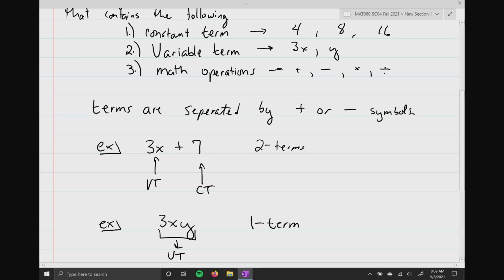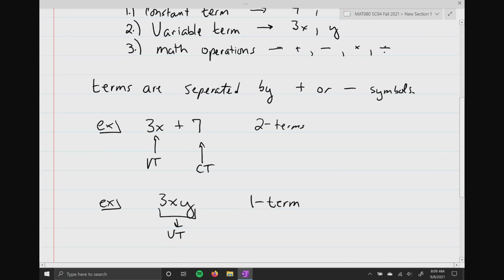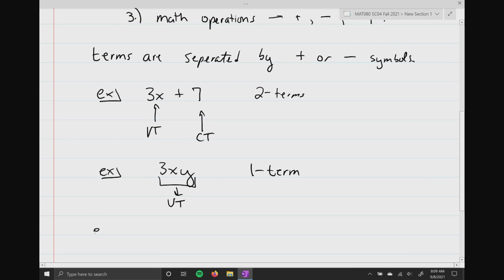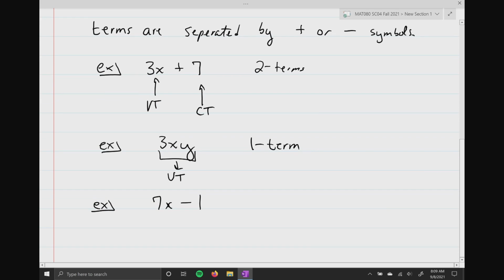All right, now there is one more thing I want to go over. So if we have something like 7x minus 1, we know there's two terms. We know that the 7x is the variable term, and we know that the 1 is the constant term.